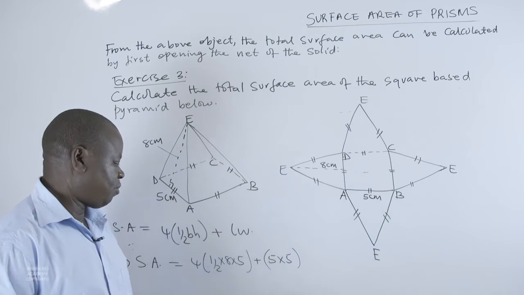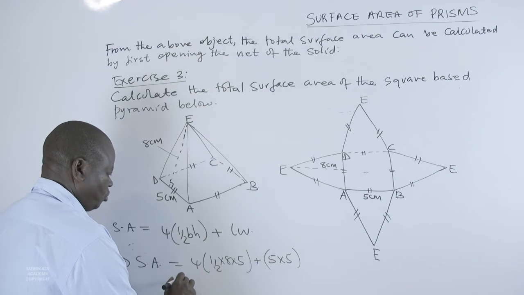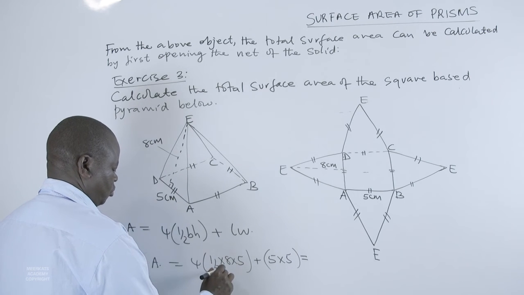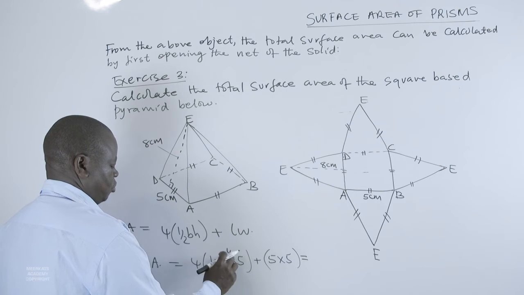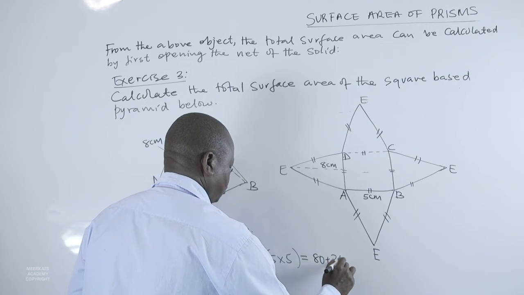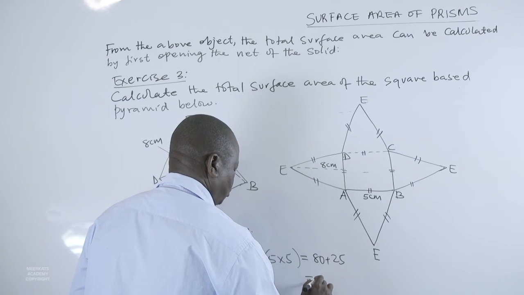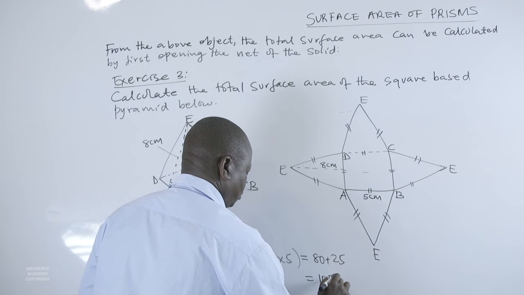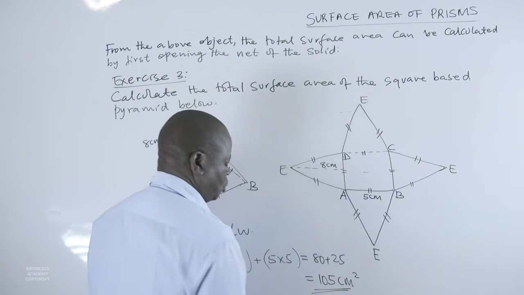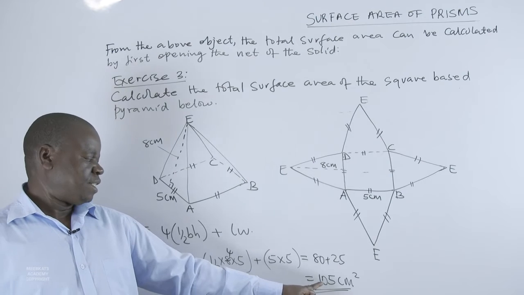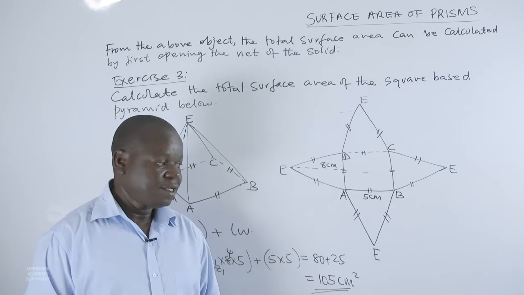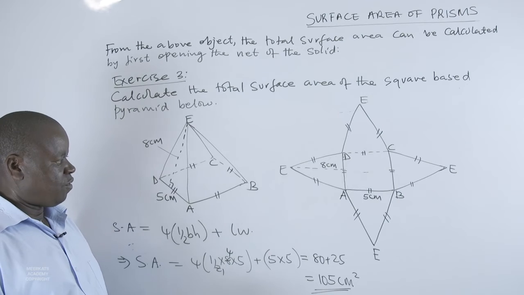So surface area you get as 105 centimeters square as the total surface area of that figure.